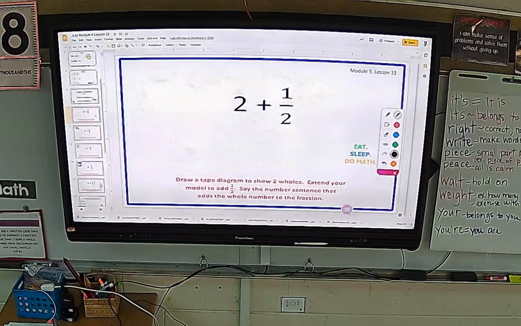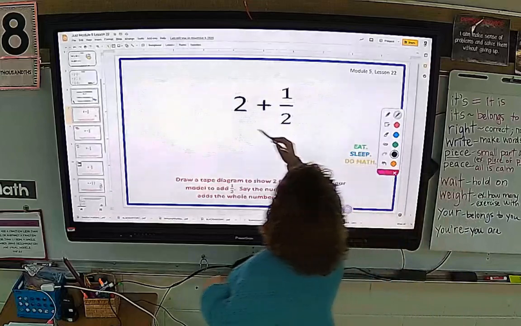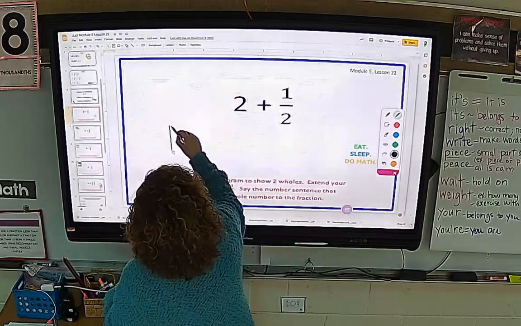Any ideas? And it may be easiest just for you to show your board and us talk about what you've got. Now, you might not feel like I've given you enough information. I do want to say I want you to try and show this on one tape diagram. Can you show on one tape diagram 2 plus 1/2?